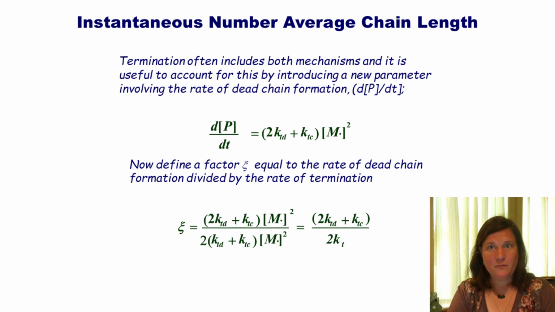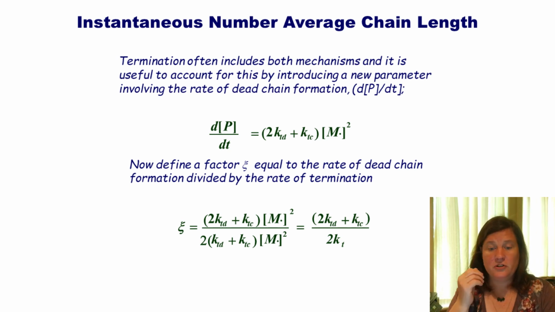In almost every polymerization, we don't have 100% termination by disproportionation or 100% termination by combination. We're somewhere in between. And so we need to define a factor that's essentially the weighted average between these, that's going to tell us how long our average chains are based on how much disproportionation and how much combination.